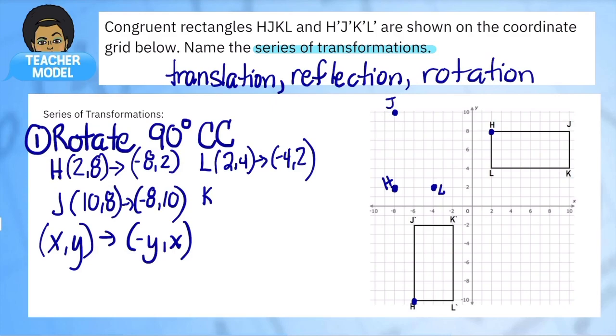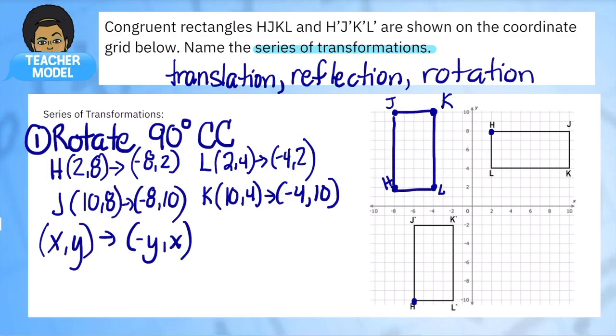And I can figure out what my last point is going to be. It's going to be right there, isn't it? K, which is (10, 4), which is going to be (-4, 10). Yep, (-4, 10). Makes sense. J, and here's K. All right, so let's draw this out. There we go. All right, so we have our first part.